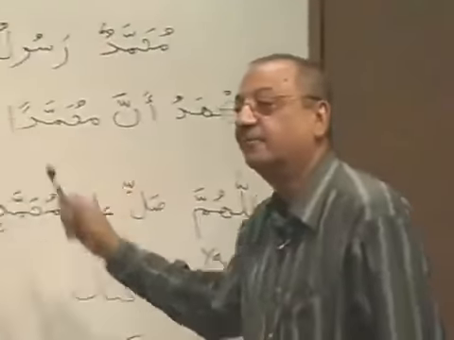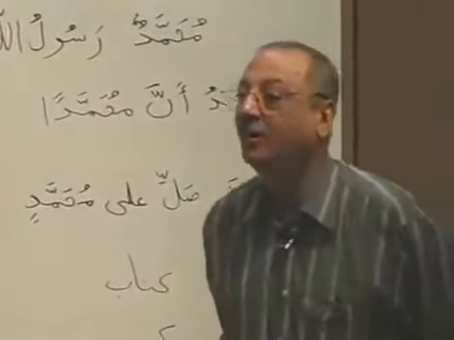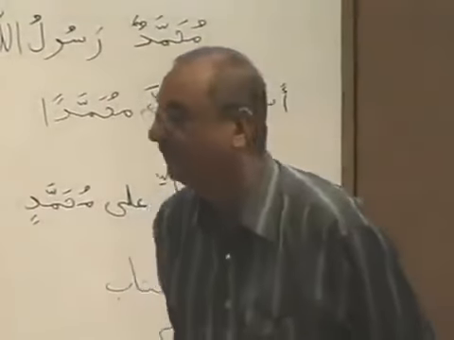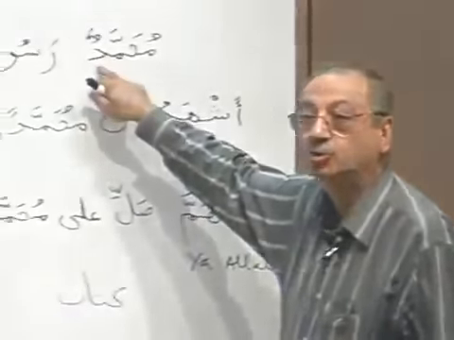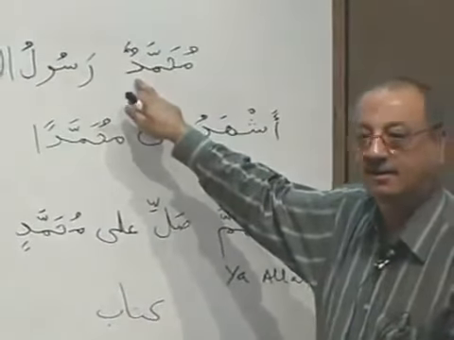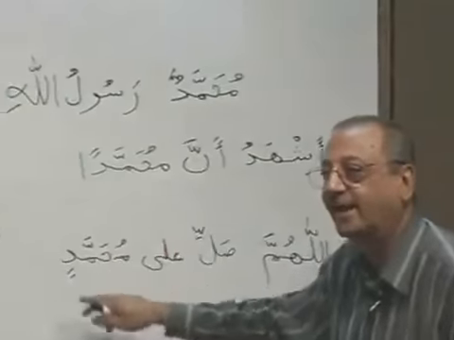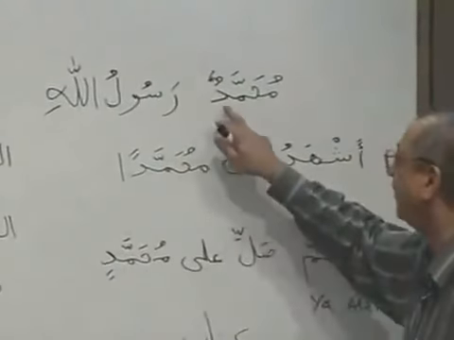If they end with a fatha, we call it mansub. If they end with a kasra, we call it majrur. So, in other words, it's dun, dan, and din. Again, say it loudly.